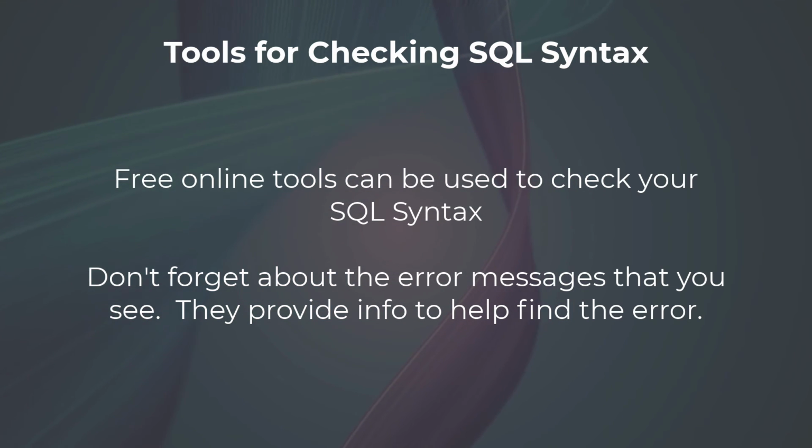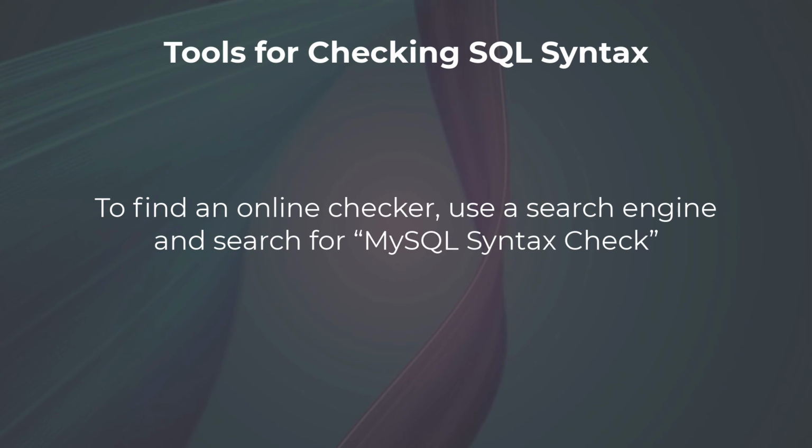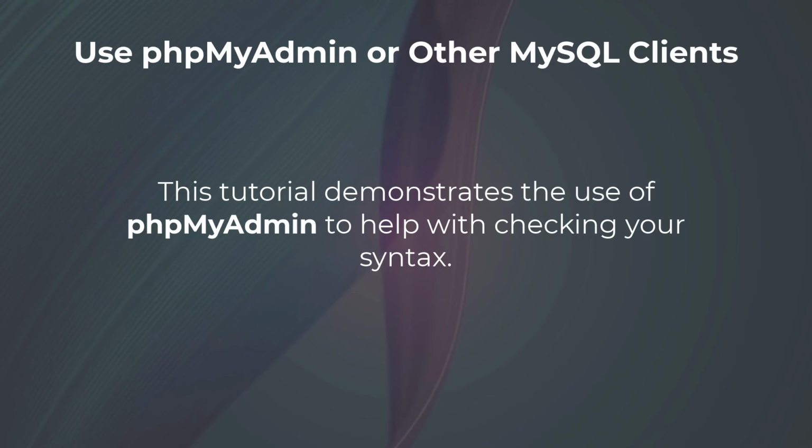To find an online MySQL checker, simply use your favorite search tool and search for MySQL Syntax Check. The examples in this tutorial have shown errors using the phpMyAdmin MySQL client, but MySQL code is often written in text editors. If you are executing short lines of MySQL code, then tools like phpMyAdmin can be very helpful.